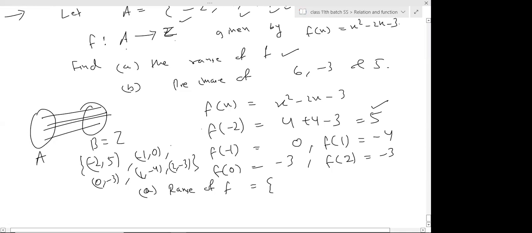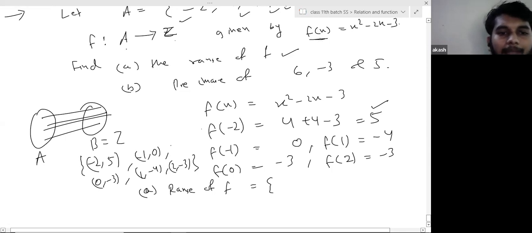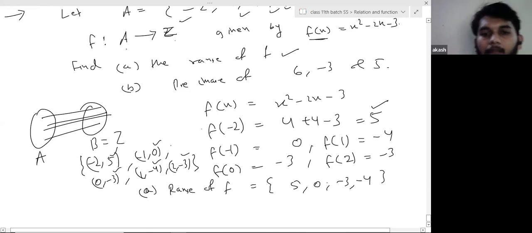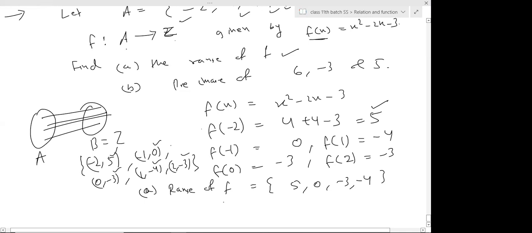Yes, sir. See, this function is nothing but a relation, so you can solve this as a relation. Just write down the ordered pairs. All the elements that are related are called the range. So 5, 0, -3, -4 is the range. This is clear? Yes, sir.